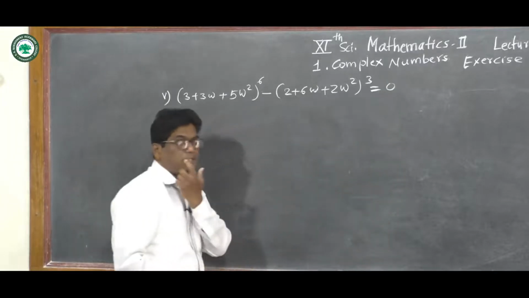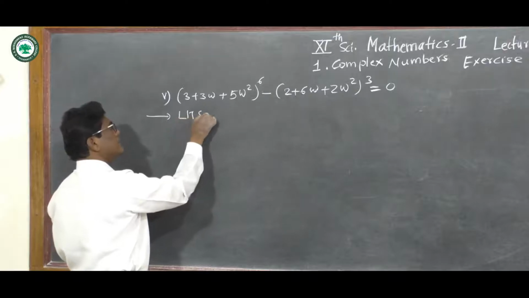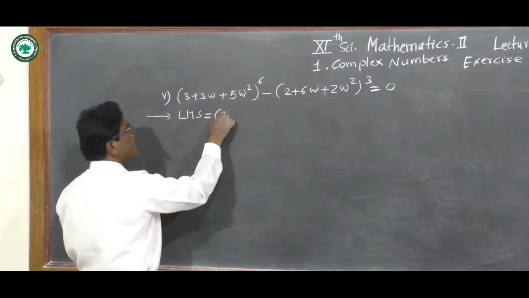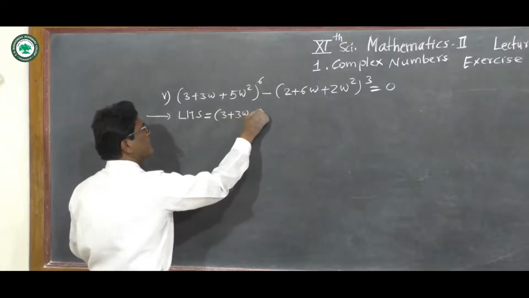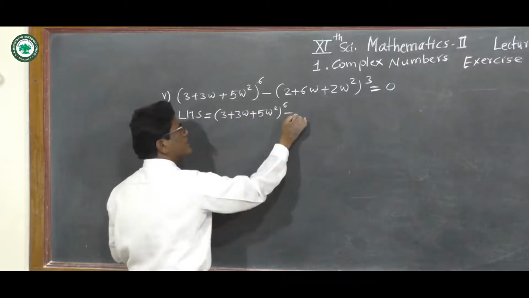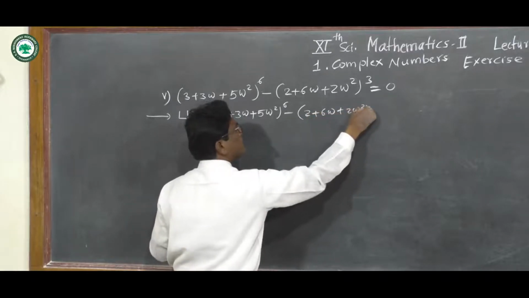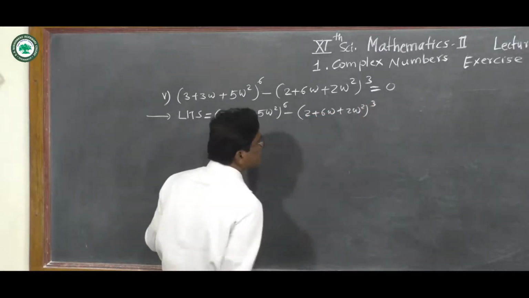So again consider the left hand side. LHS is equal to 3 plus 3 omega plus 5 omega square to the power 6 minus 2 plus 6 omega plus 2 omega square to the power 3.